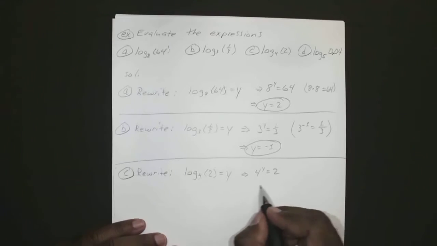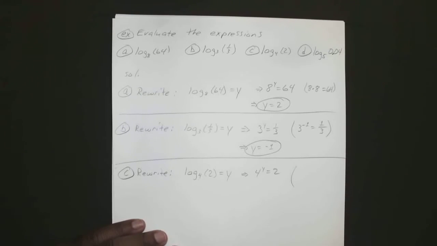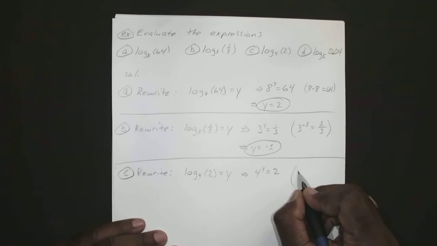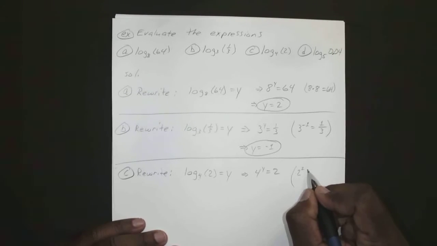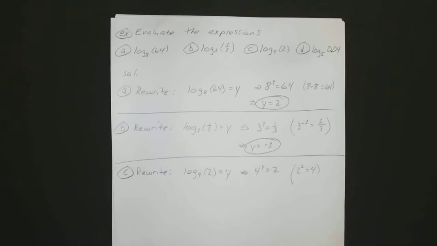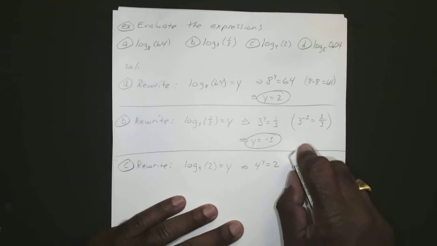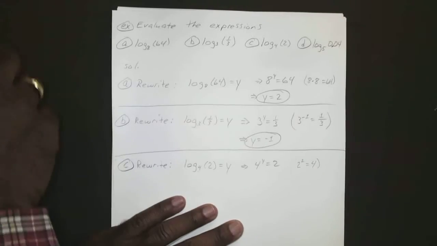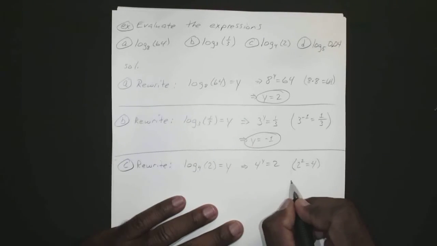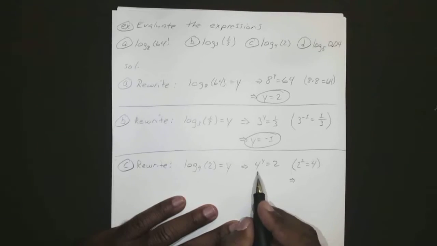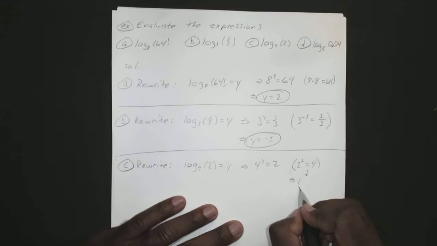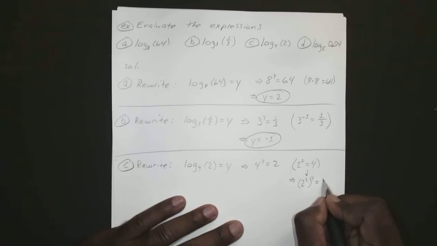Okay, so here we can see that 2 squared equals 4. Okay, so since we know 2 squared is equal to 4, we can actually change that to be 2 squared to the power of y equals 2.